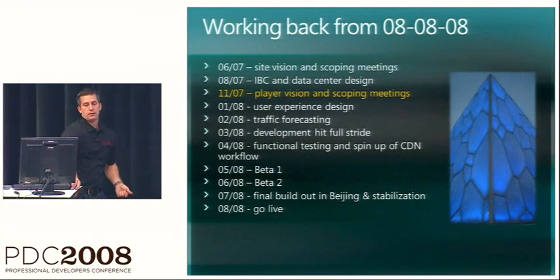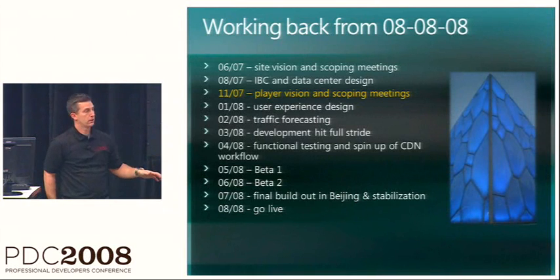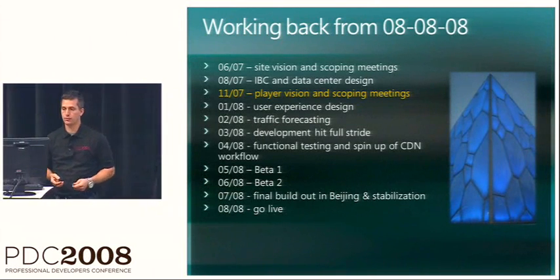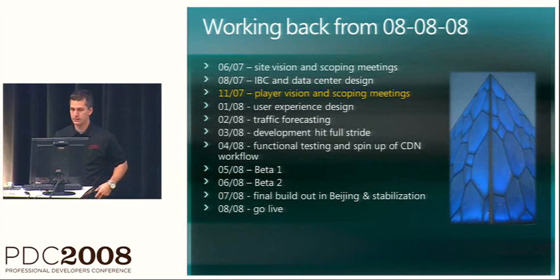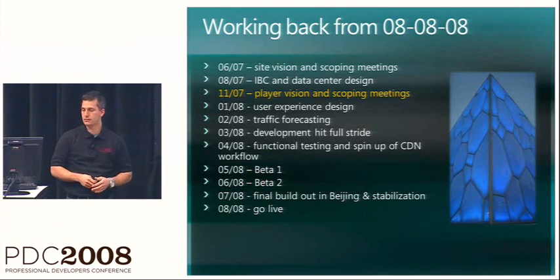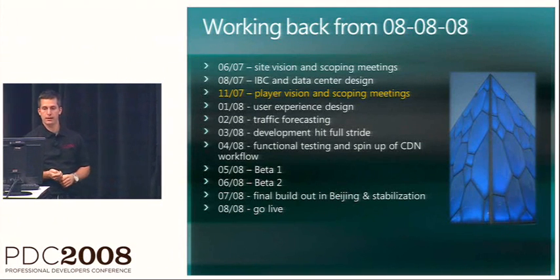So how did we get there? How did we get all this workflow done, the CDN work done, understand the types of encoding profiles? Fundamentally, NBC started this process last June in earnest. They started building out what the IBC center would look like in terms of square footage and the amount of racks and what types of ingress and egress that they would have.